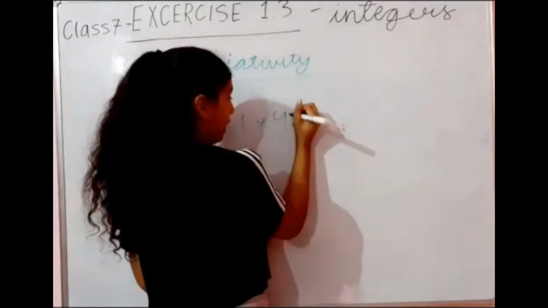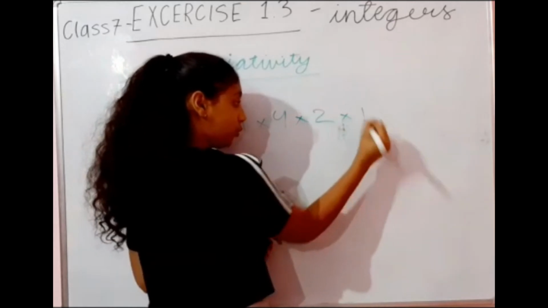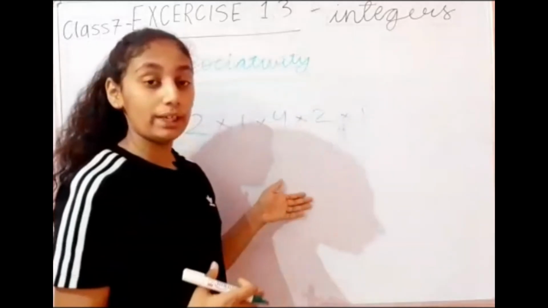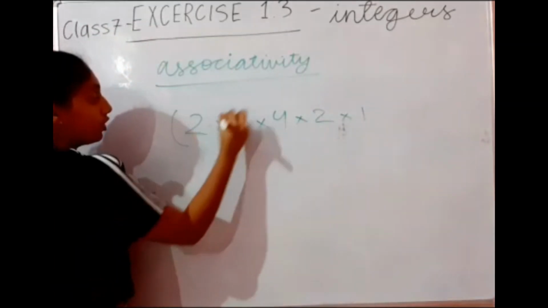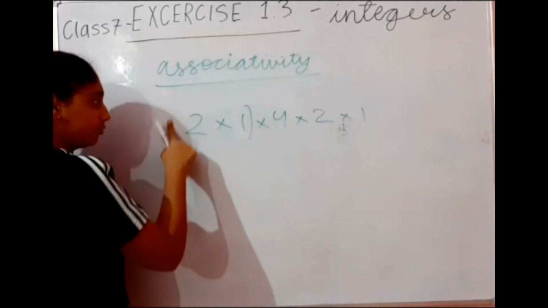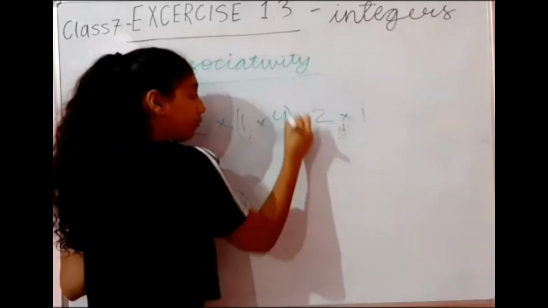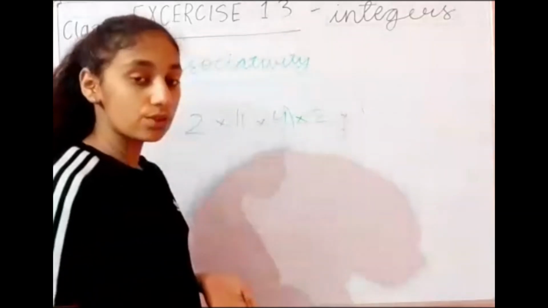For solving it easily, we do batching. Now I can batch 2 and 1, or I can batch 1 and 4. Is this affecting our answer? No, it is not, right?